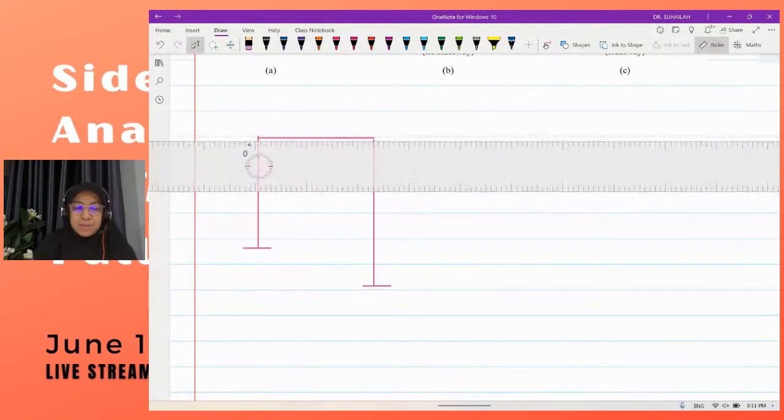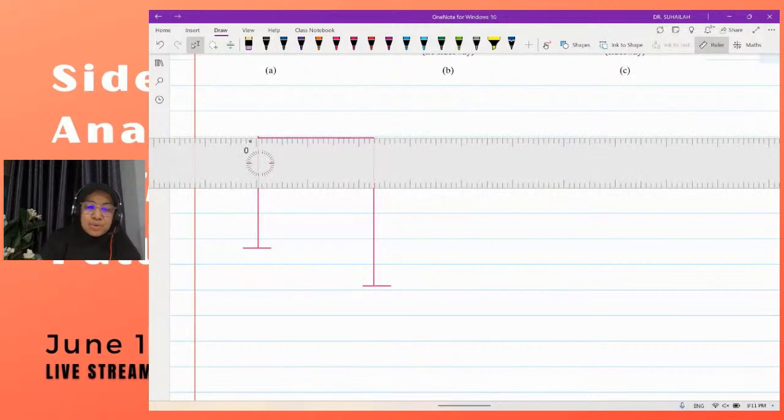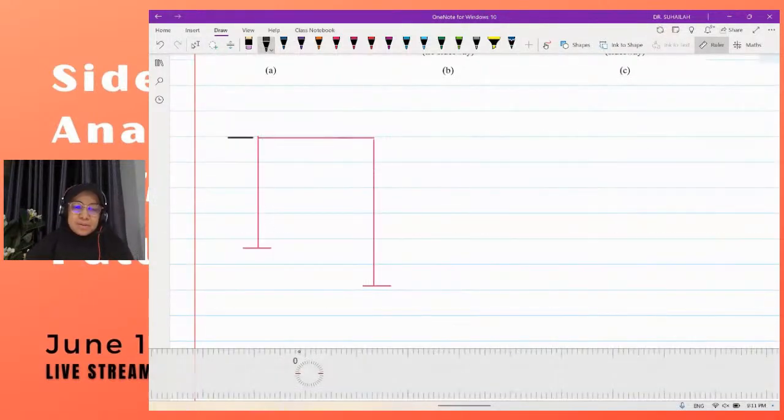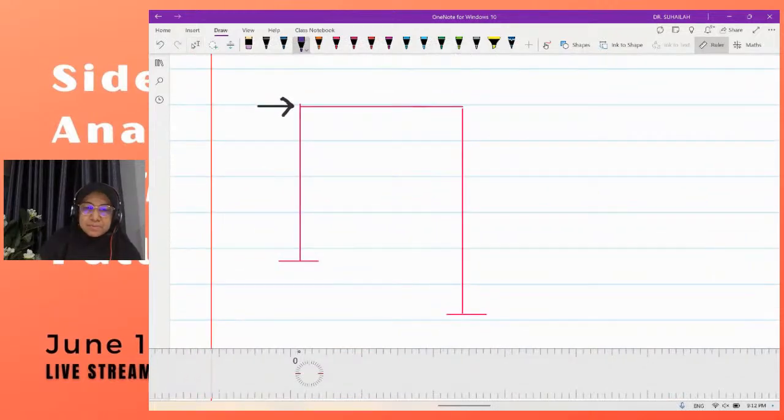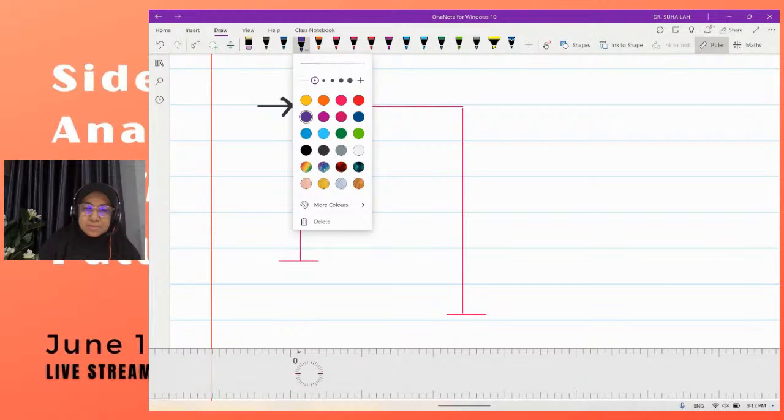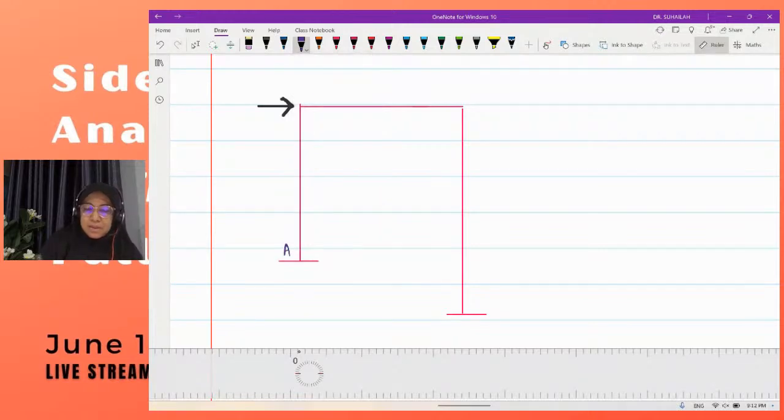This frame tends to move in the right direction. This is the horizontal force. We label this as A, B, C, and D.